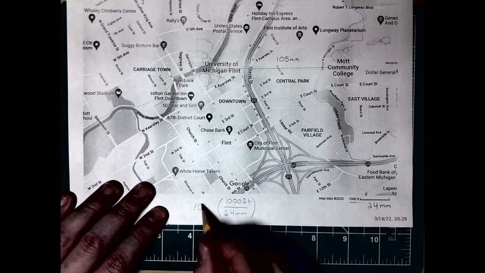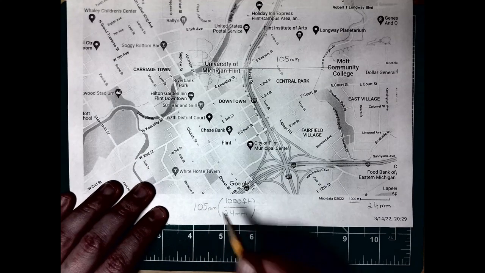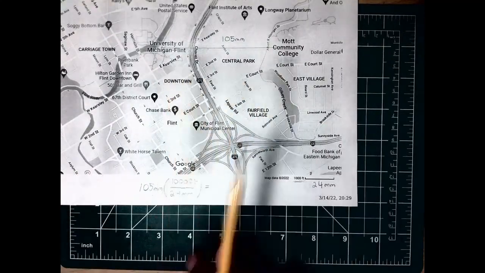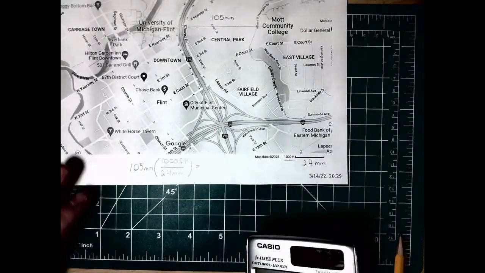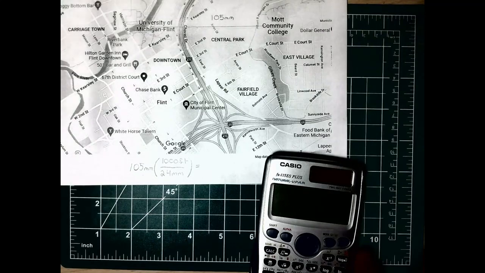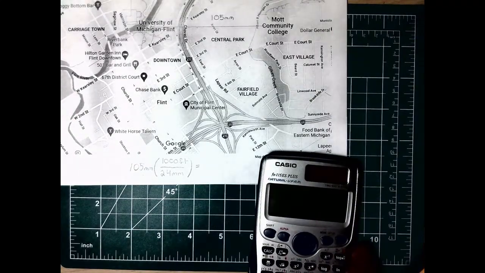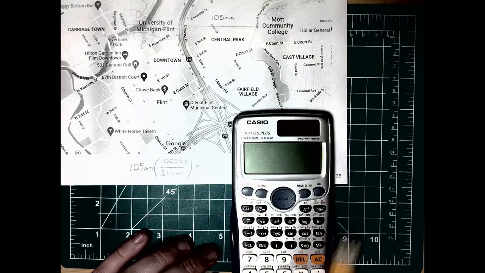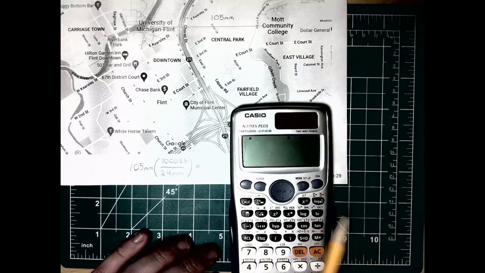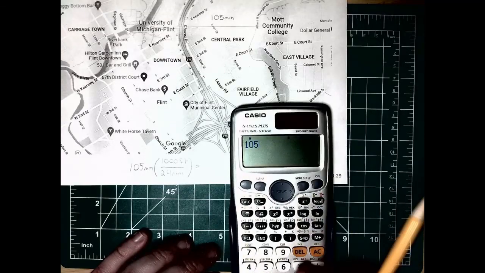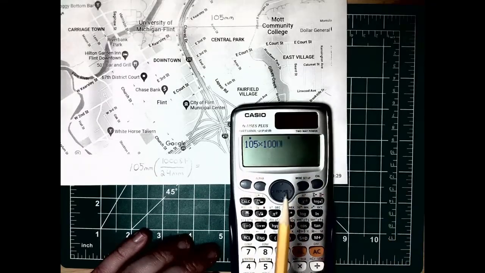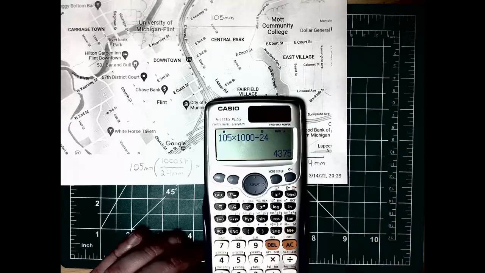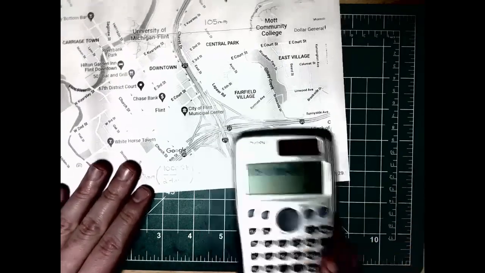And if I multiply that by 105 millimeters, I can calculate the number of feet between these two and roughly guess that out. As 4,375 feet.